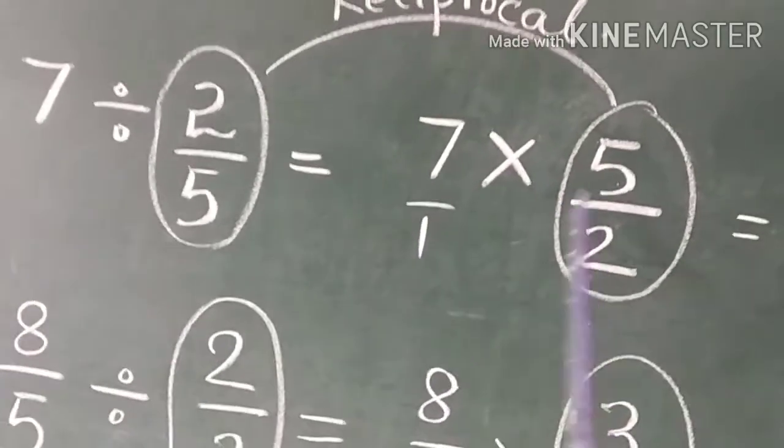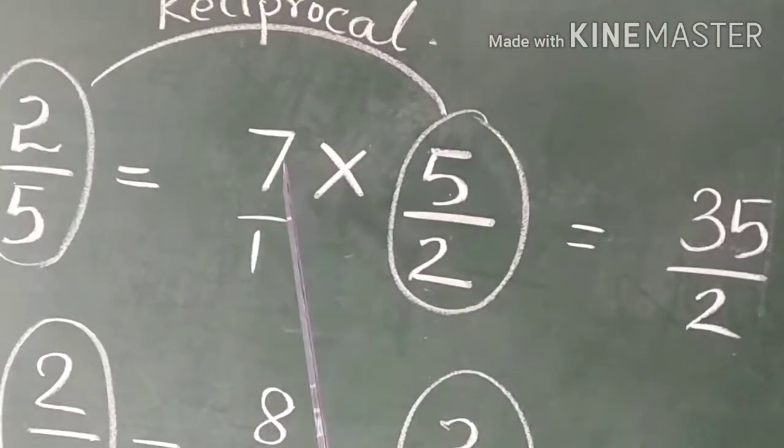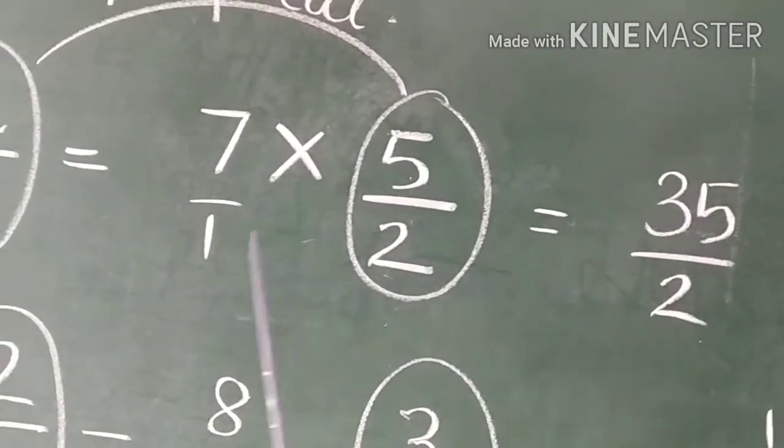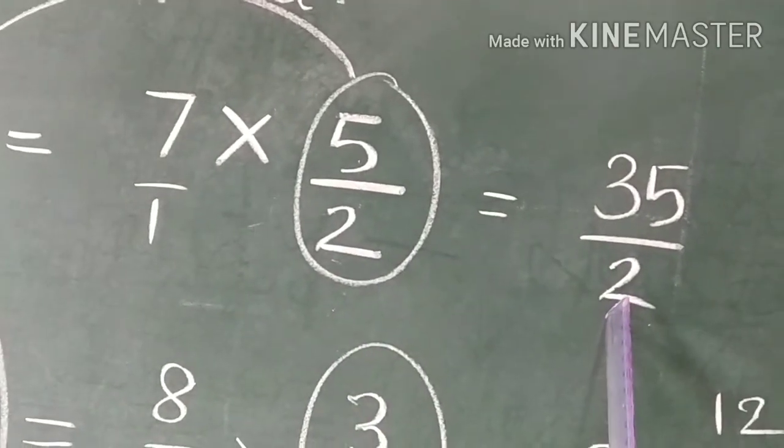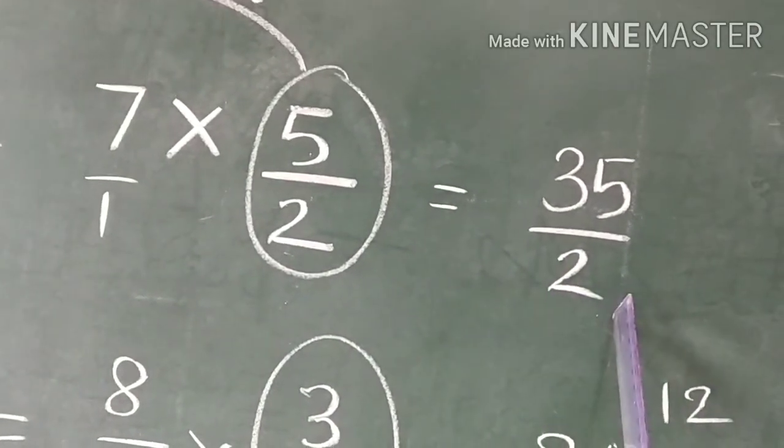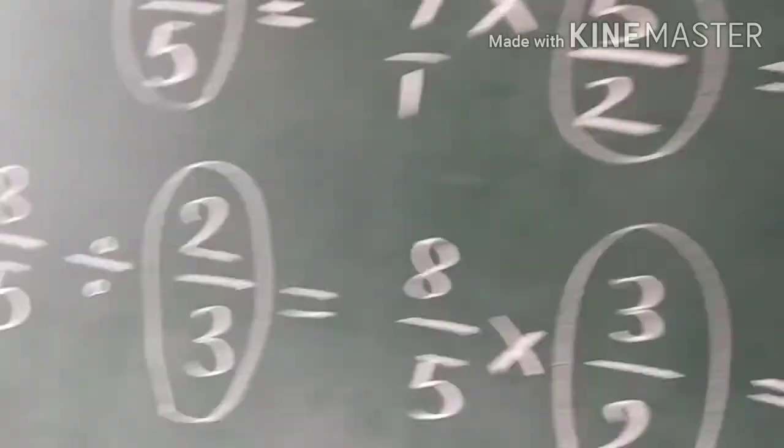Now we can multiply this as usual. 7 into 5 is 35. 1 into 2 is 2. We can't simplify this further, so keep it as it is.